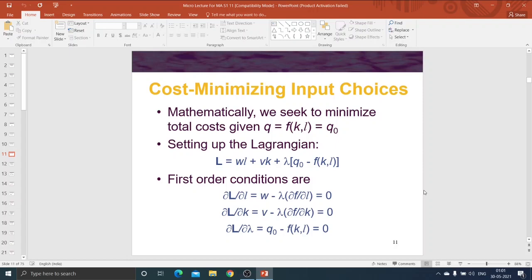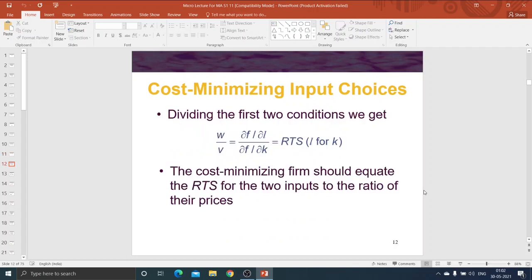What we get is the following: the Lagrangian L is equal to WL plus VK plus lambda times Q0 minus F of K, L. Looking at the first order conditions, the partial derivative of the Lagrangian with respect to labor is W minus lambda times dou F by dou L, which is equal to 0, and the same follows for capital as well as lambda.